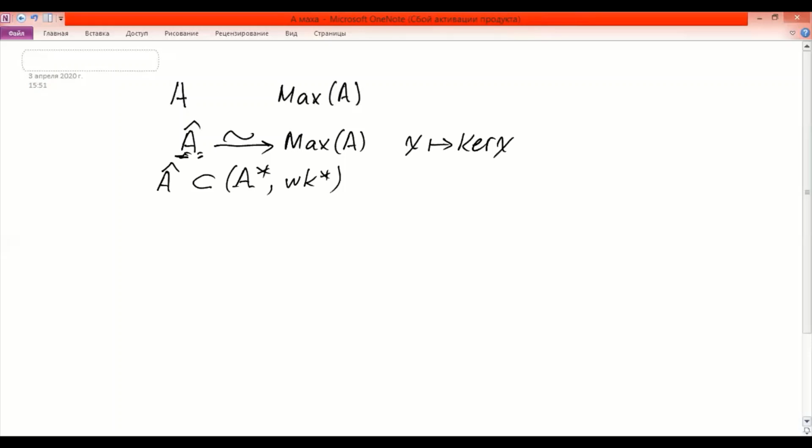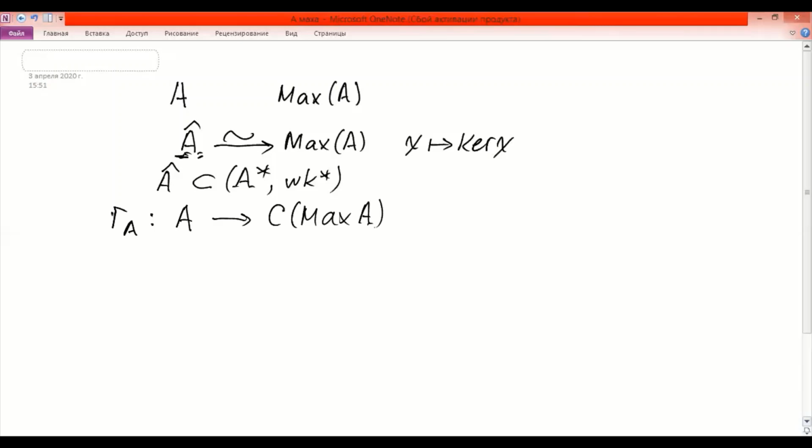And at the end of the lecture, we introduced the main tool of the theory of commutative Banach algebras, namely the Gelfand transform, which is a homomorphism from A to the algebra of continuous functions on the maximal spectrum.